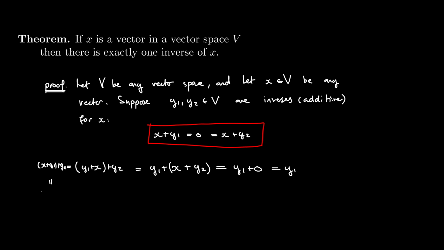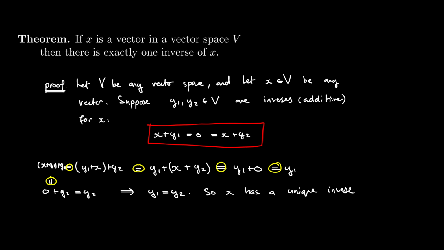And so here I just get 0 plus y2. And this is just equal to y2. And so I get through this chain of equalities, which I should have written a lot neater, but in any case, the conclusion will be the same. I get that y1 is equal to y2. So that x has a unique inverse additively.